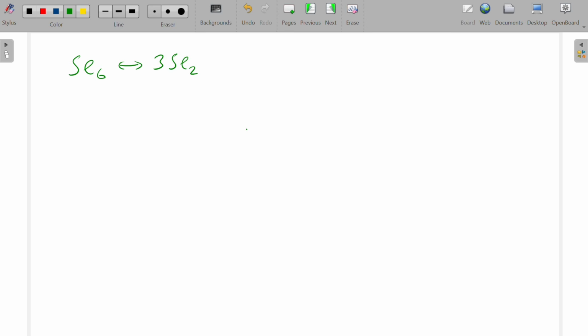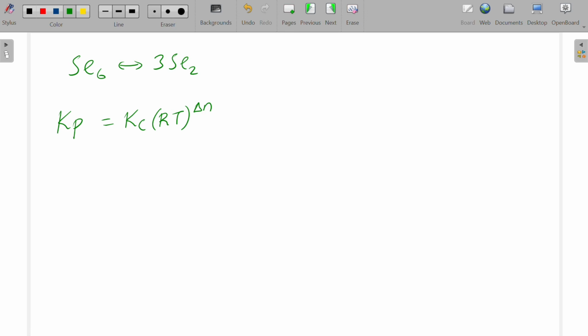And then we'll say our Kp, the relationship between Kp and Kc, that Kp is equal to Kc multiplied by RT given to the power of change in n, where change in n is basically the difference between the number of moles of the products and the number of moles of the reactants.